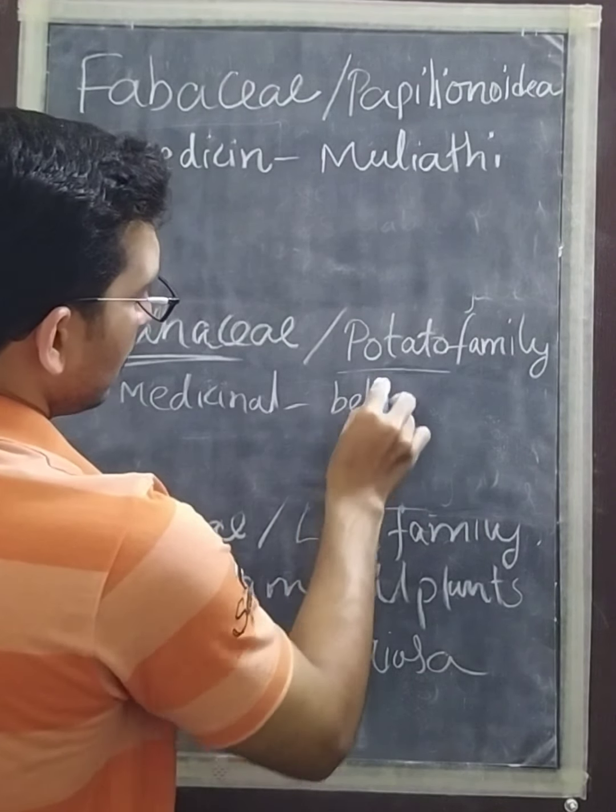Next, what are the ornamental plants in the Fabaceae? For ornamental plants, we prefer petunia. And so, petunia is not an ornamental plant of this family; especially lupine and sweet pea are both ornamental plants.